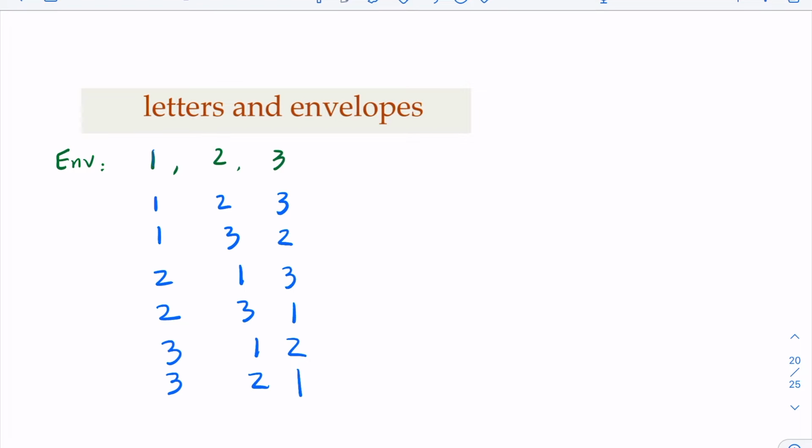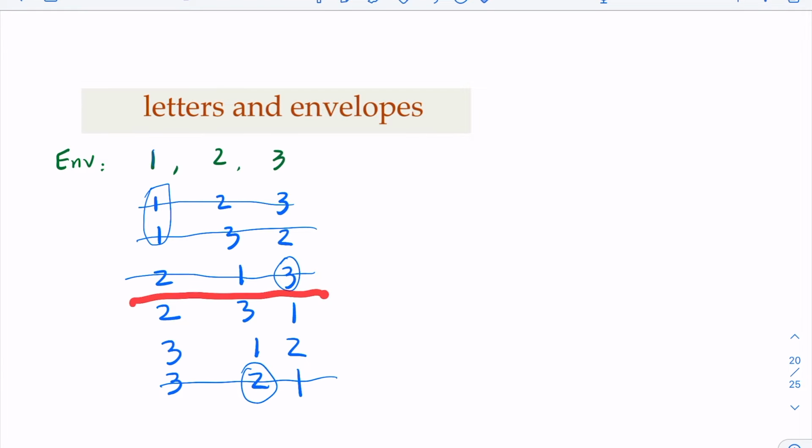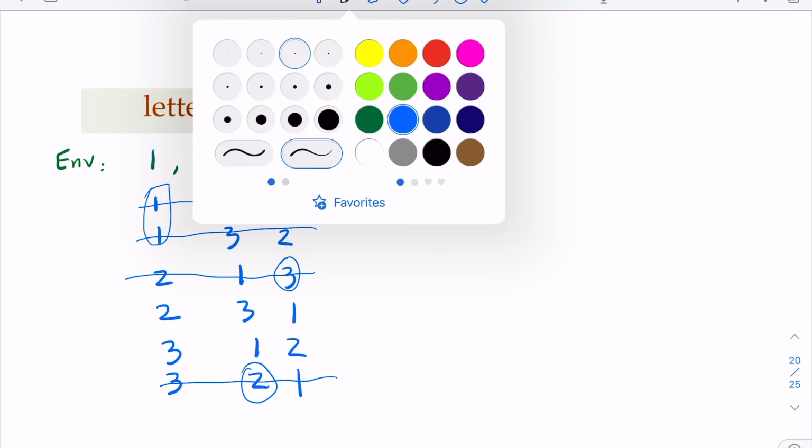So in this case, we have to remove the first 2 because 1 is at the right place, and we have to remove this because 2 is at the correct place, and remove this one, 3 is at the right place. The remaining 2 are called derangements because nobody is at the right envelope, right? So here we have 2 cases.